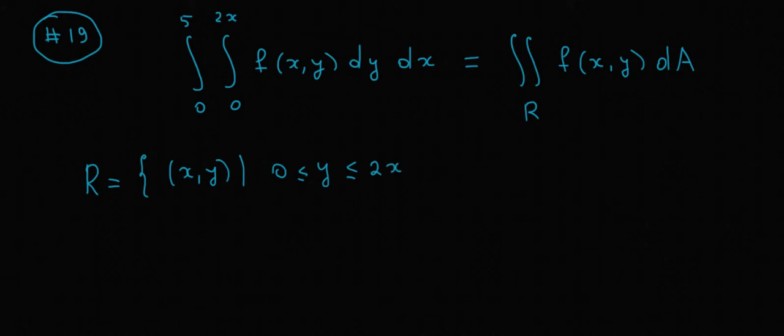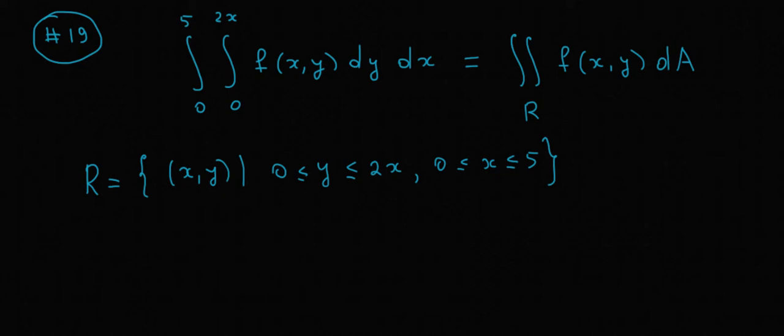And the second integration is over x, where x is ranging from 0 to 5. So we have a second inequality. X is between 0 and 5. And the region of integration R consists of all points in the xy plane whose coordinates x and y satisfy these two inequalities.